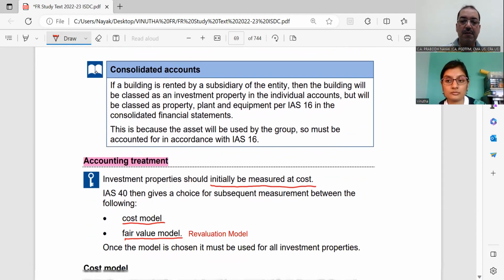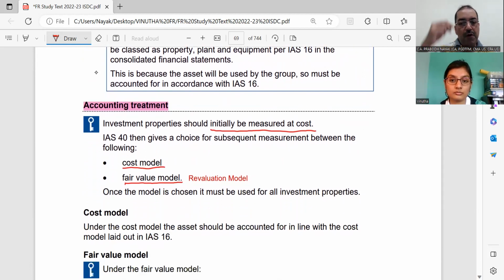Then you have accounting treatment for this. Investment properties should initially be measured at cost. That means IAS 40 says that, again, as we had for IAS 16, all the properties should be initially measured at cost. IAS 40 then gives a choice for subsequent measurement, where you can use either the cost model or the fair value model, like you had in the case of IAS 16.